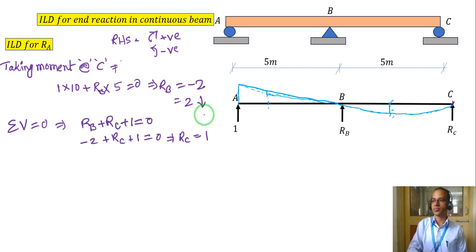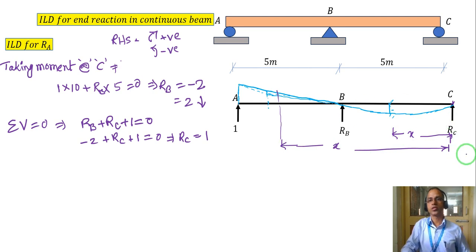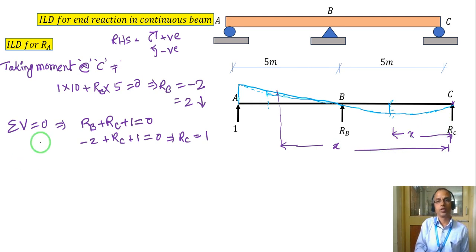Now in the ILD diagram, let us say you take each span separately. For this span, you take a section X from the point C, and for this span again you take section X from C only. For both spans, you start taking the section from the point C. That becomes very easy.